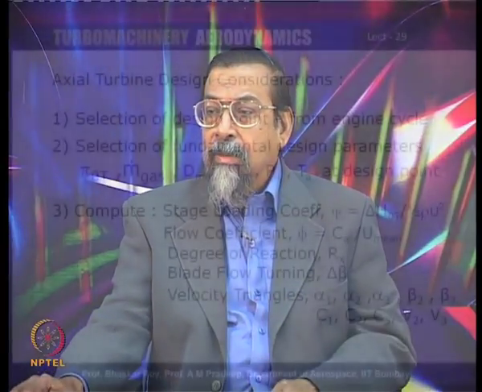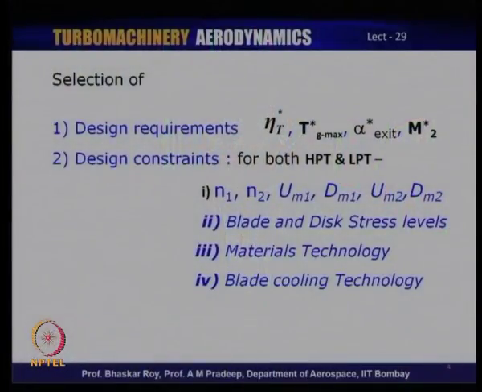Let us take a look at some of the selection criteria. Now, the design requirements are normally put in terms of the turbine efficiency, which is decided by the state of the art of design.